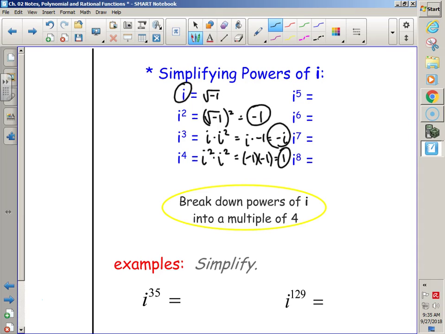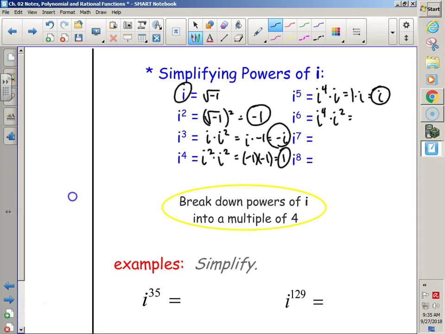So what's i to the 5th? It's i to the 4th, who's the nicest out of these guys, times an extra i. What's i to the 4th? Just 1. i to the 6th is going to be the nicest guy, and how many more?